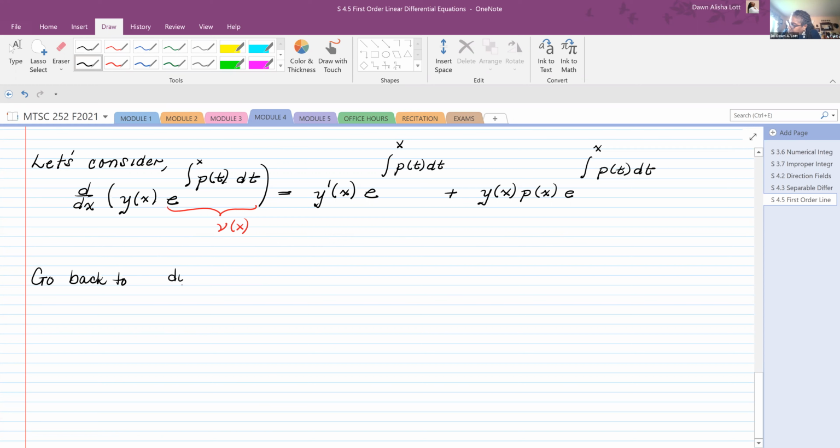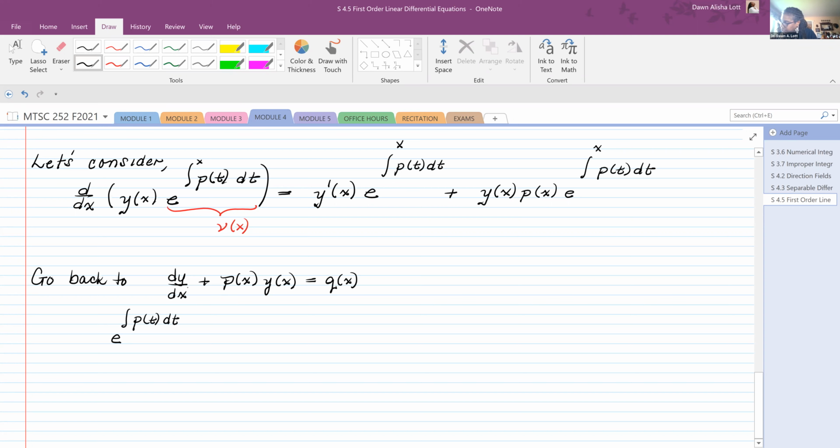dy dx plus p of x times y of x is equal to q of x. And I now want to multiply both sides by this e to the integral of p of t dt.